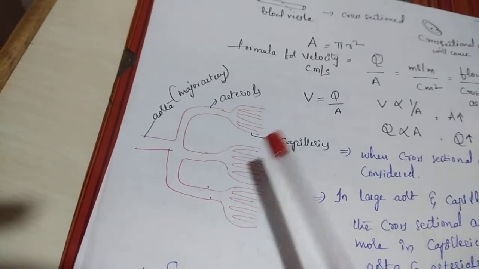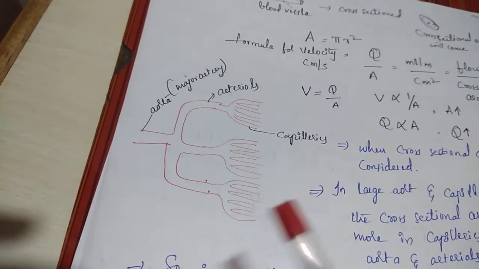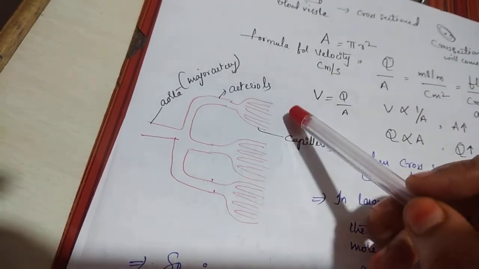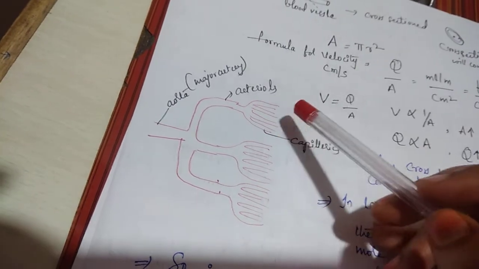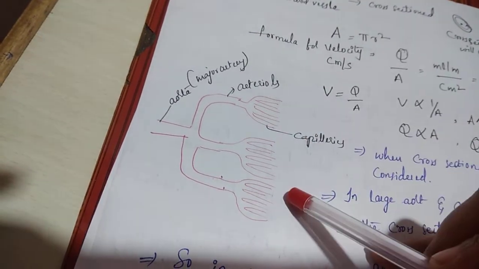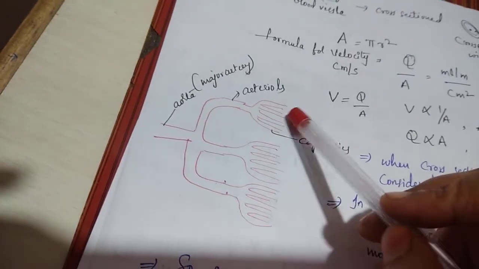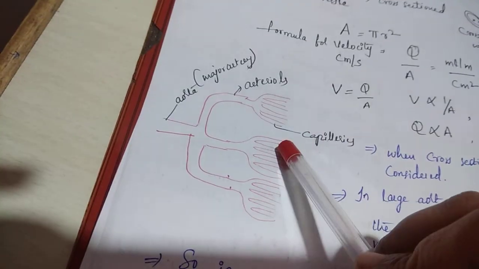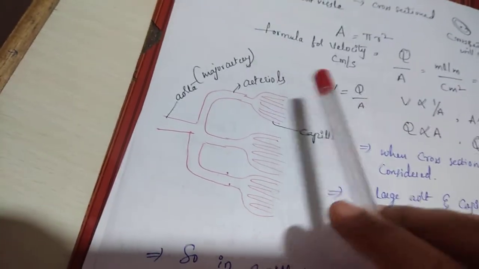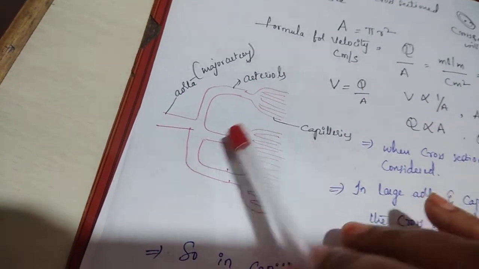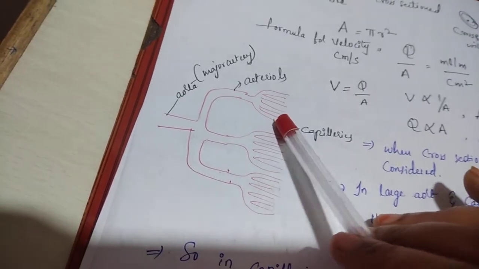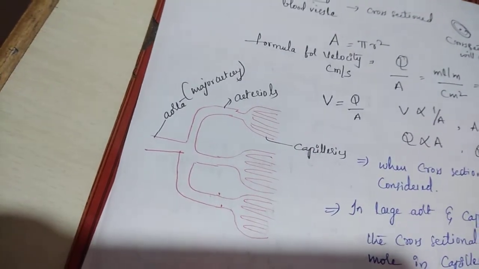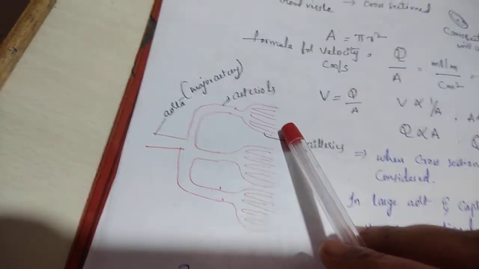Why is it more in capillaries? Is there any importance for that? Obviously. The blood reaches the capillaries, and these capillaries penetrate into the systemic tissues. There the exchange of gases and energy takes place. If the velocity is more, the blood moves away within a very small fraction of time, so it will come and move away from those tissues.